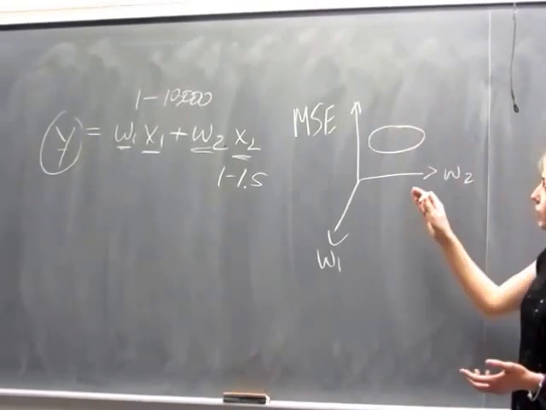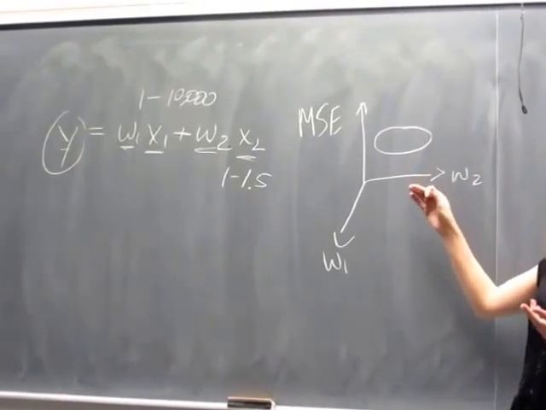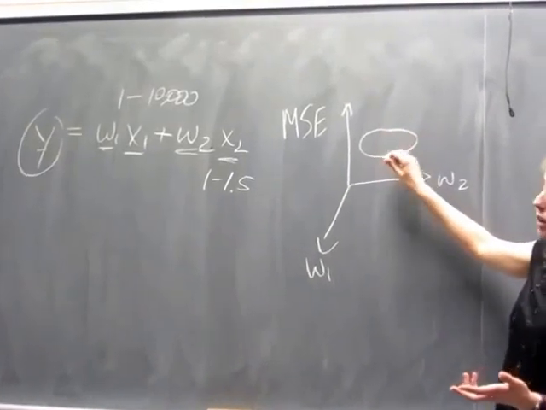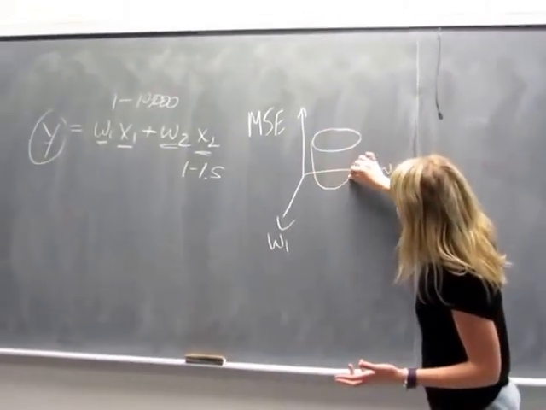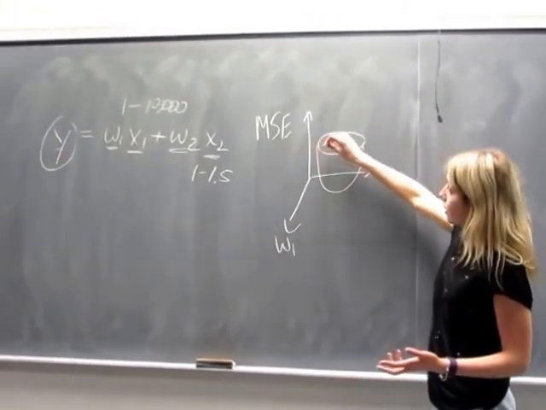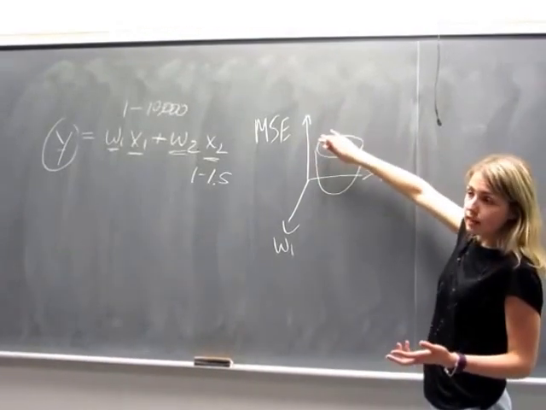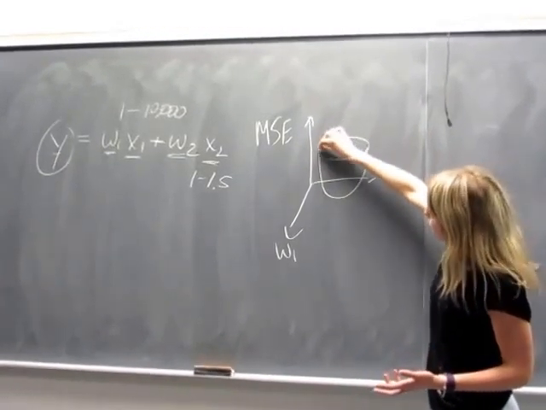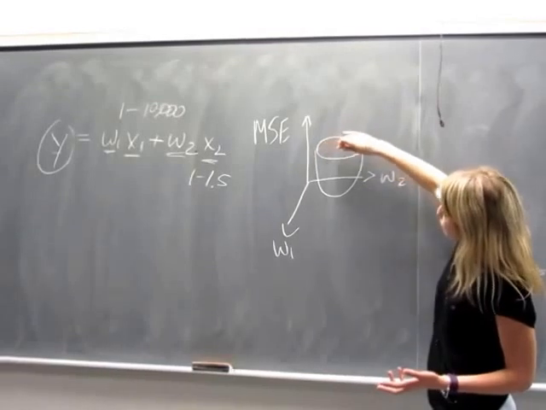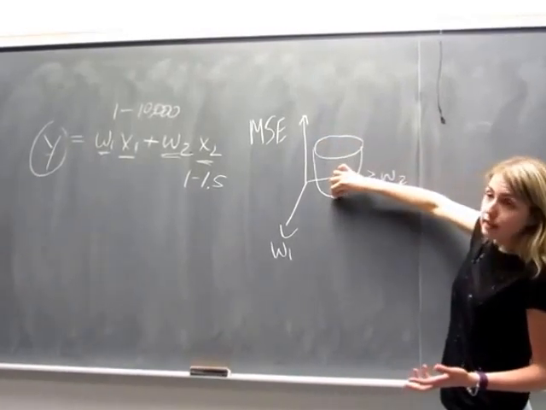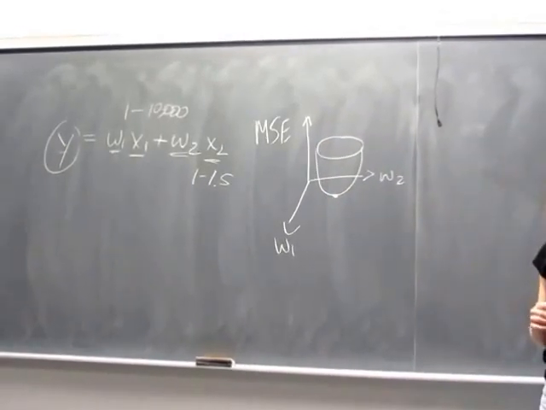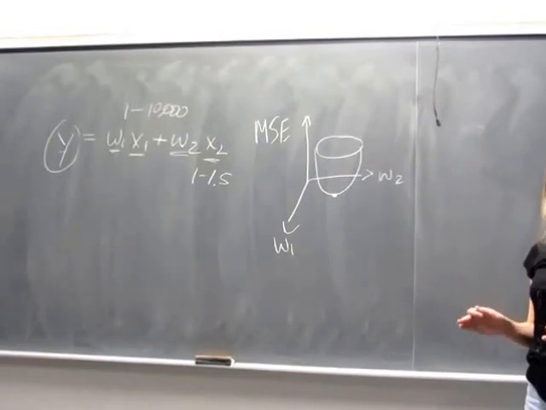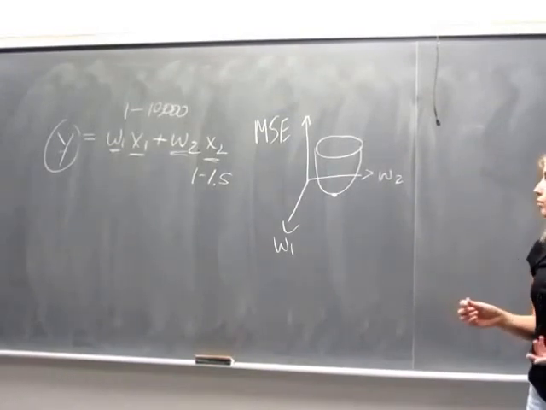So that means we're looking for some value of W1 and W2 in this space. And we're trying to optimize the mean squared error, and mean squared error is over the z-axis. And the point is we want to figure out a value of W1 and W2 that creates the minimal value here, right? So we want to have as little error as possible in our model.